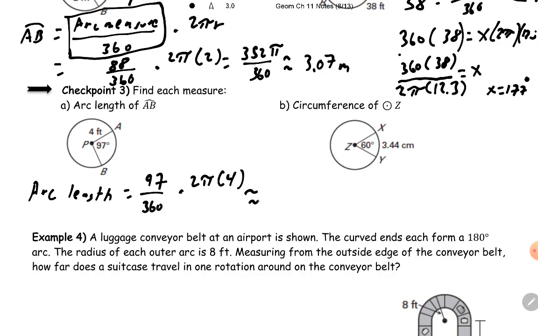We'll go into your calculator, do 97 times 2 times pi times 4, and divide by 360, and we'll get 6.77 feet. Regular feet, not area, we're just doing distance.